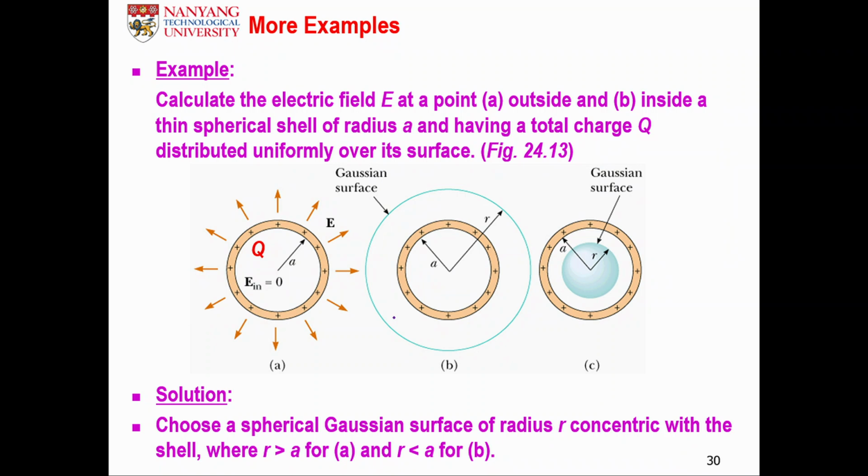Okay, one more example. Here it asks you to calculate the electrical field E at a point A outside and inside a thin spherical shell of radius A with total charge Q. So in this charged object, a thin spherical shell with radius A, similarly, you are asked to determine the E field at this point or at this point, outside and inside.